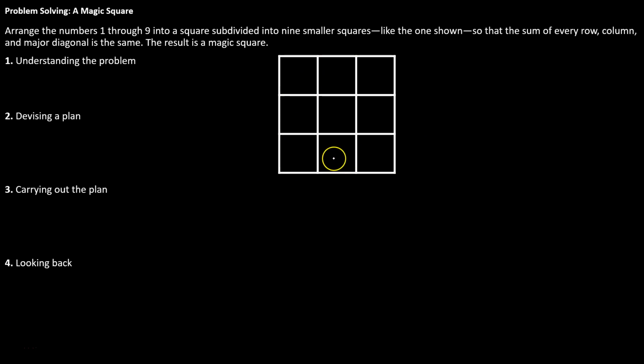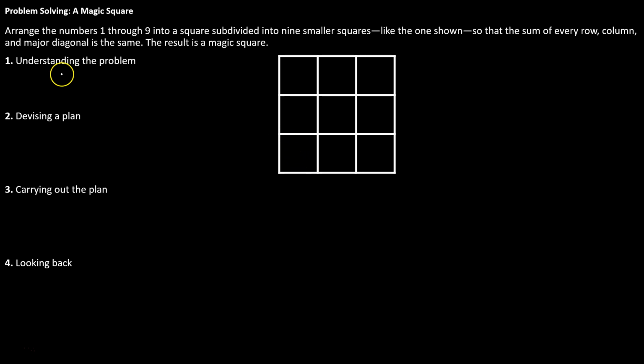And it's magic because if we add along a diagonal, or along a vertical, or add all the numbers on a horizontal, they should each come out to the exact same sum. So we are tasked with putting numbers into each of these small squares so that it is a magic square at the end. Anybody who's ever played Sudoku might think that this feels familiar. It's a little bit like Sudoku, but slightly different.